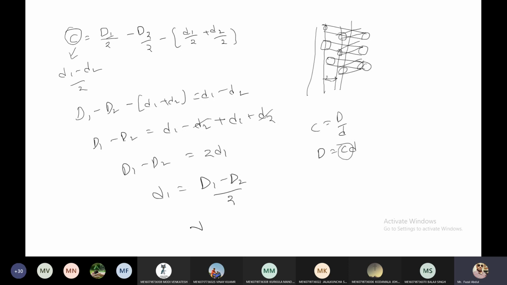Now D1 equals C d1 minus C d2 by 2, where C I am taking outside. So 2 d1 equals C d1 minus C d2.